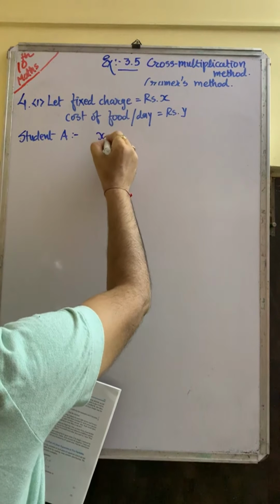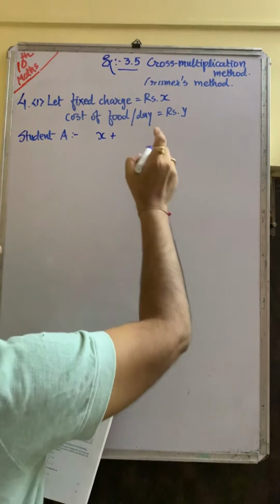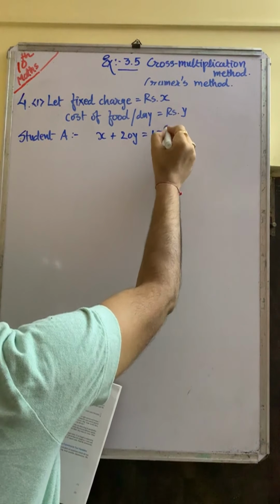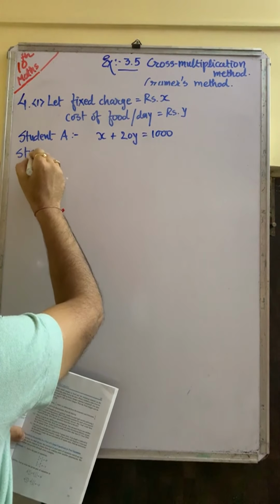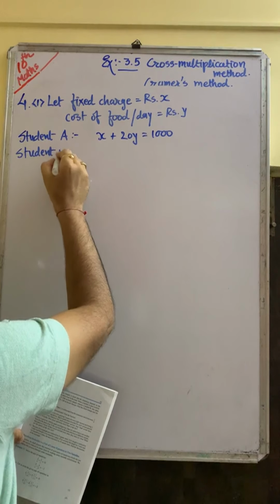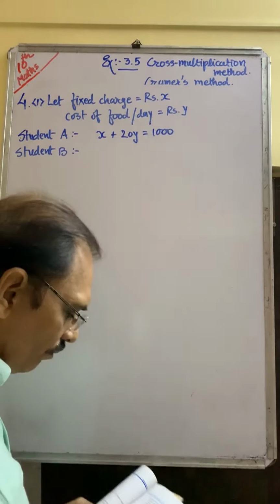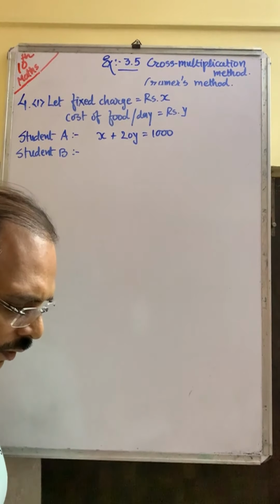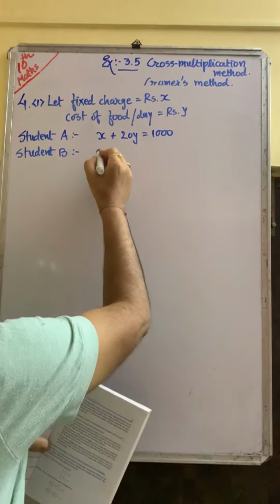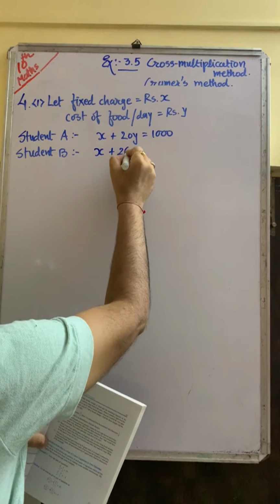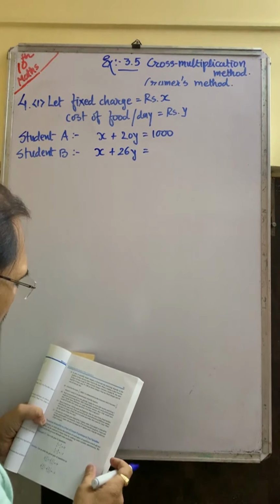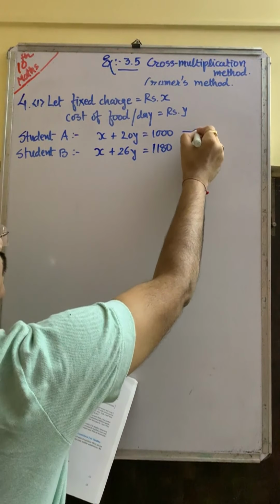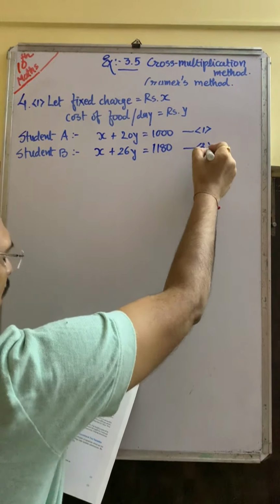Fixed charge x, per day rupees y, so 20 days 20y, one has to pay 1000 rupees. And for student B, fixed charge x and student B takes food for 26 days, so x rupees and 26y, the total charge she has to pay is 1180. So we have equation 1 and equation 2.